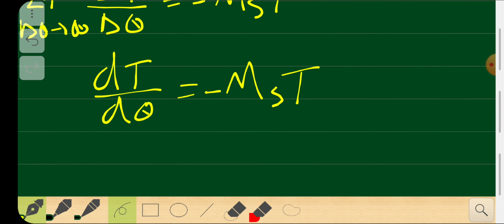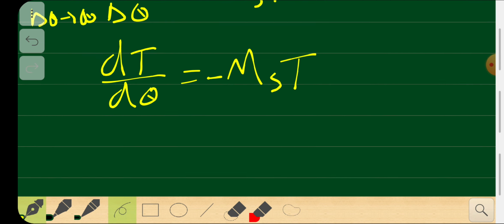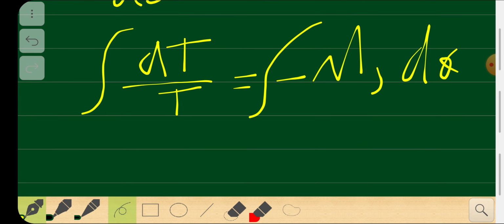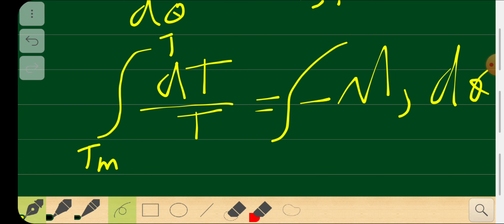Now you can go ahead and simplify this by taking the T's on one side and the minus mu s times d theta on the other, right? So now you can integrate both sides, and you get log T within the limits, say T from T of the mass to T of the holding boy.